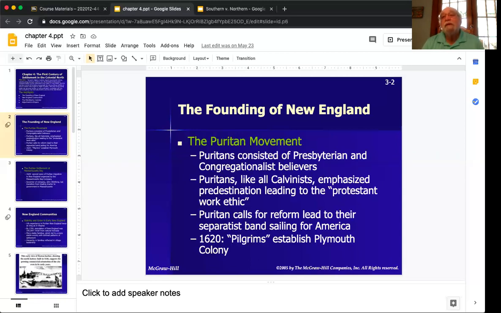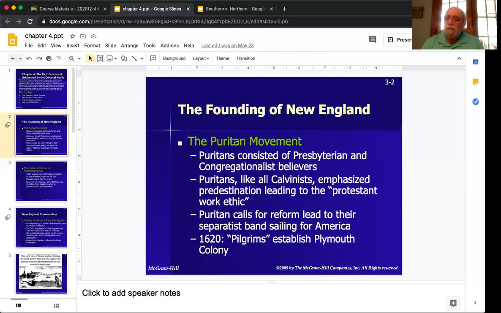I can be saved, and that's very popular, especially among the poorer people and the people that have started to move out toward the western sections of the colonies, because now this is very attractive, because now they don't have to prove anything. They have the possibilities of being saved just as much as the fat cat on the East Coast.